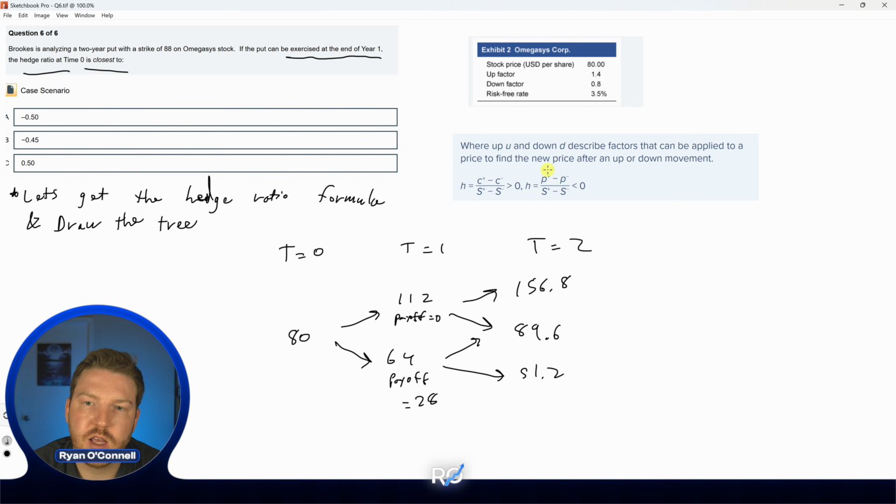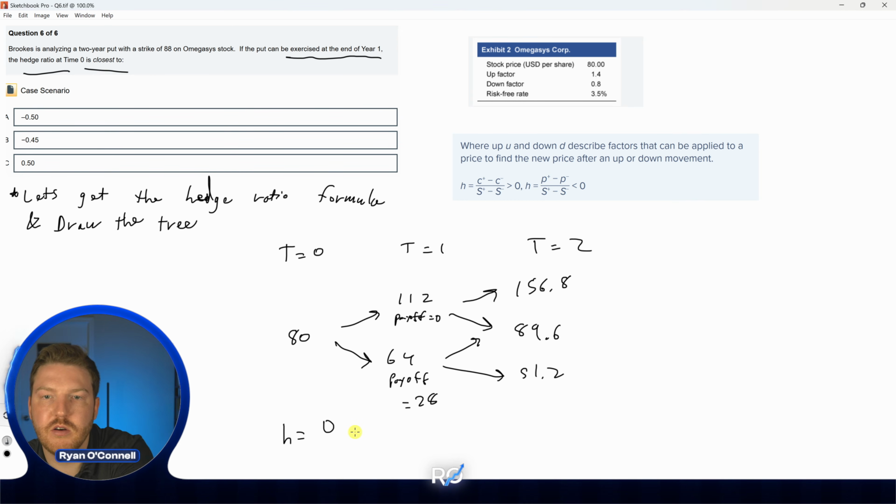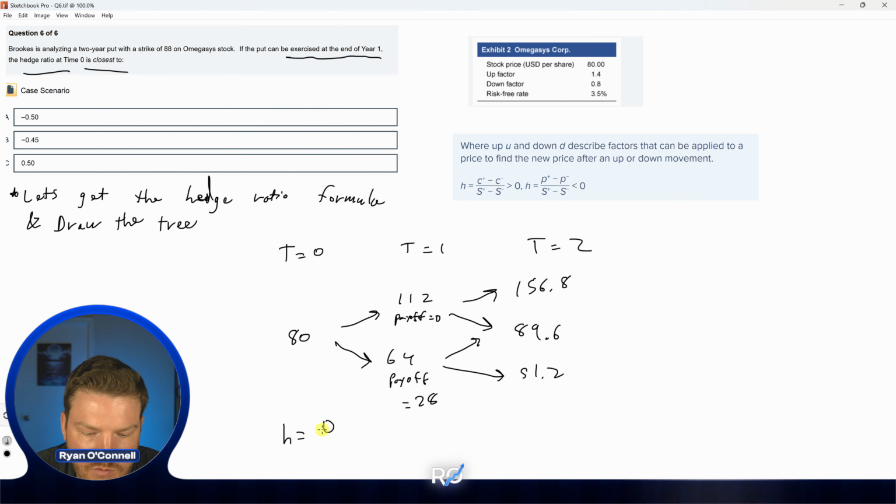This hedge ratio is determined one step ahead. So if we do it here, I think it's this H, which is the value of the put in the up scenario, which is a 0, minus the payoff of the put in the down scenario, which should be the 28.